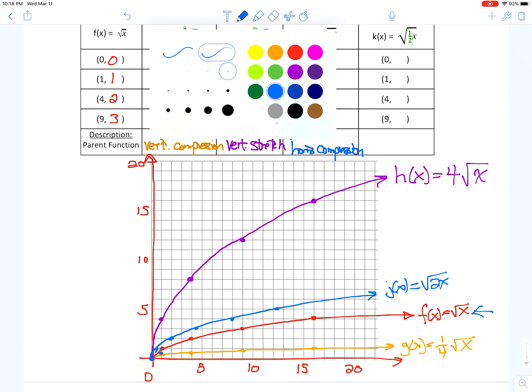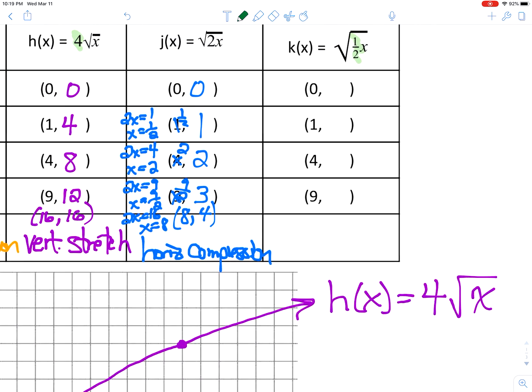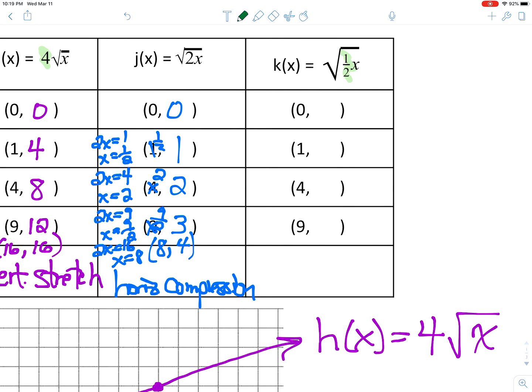Now, last one. How about green? The square root of 1/2 x. Same thing happens. You can put in these original points, but I'm going to make it so that 1/2 x is nice. They're nice numbers. X over 2 needs to be equal to 4.